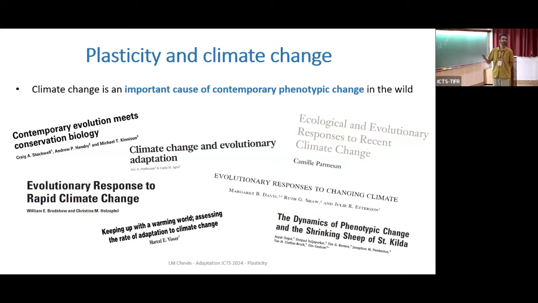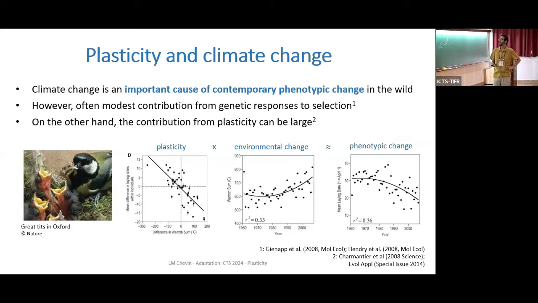I didn't get the more recent ones, but there are lots of these studies about phenotypic and evolutionary responses to climate change. When you look at them, usually when people use an animal model or place populations in a common garden, they find that the evolutionary responses are usually quite modest. Sometimes they're in the opposite direction: the changes in breeding values are in the opposite direction to the phenotypic change. So this is a bit puzzling.